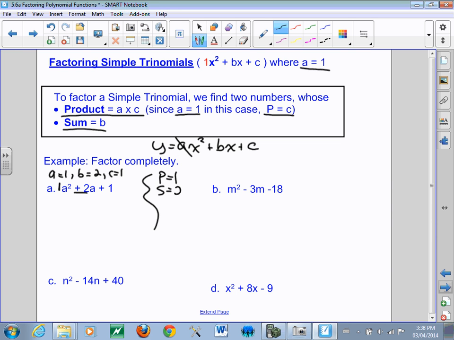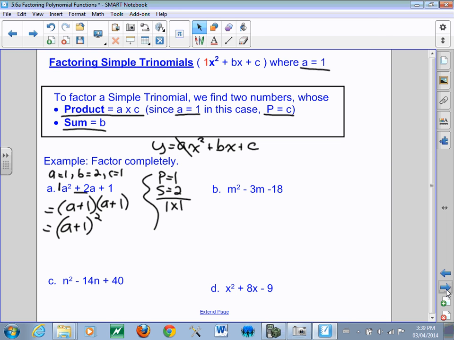Sum equals 2. And then I figure out what two numbers add to 2 and multiply to 1, and it's 1 times 1. So then you would go a plus 1, take the sign of each factor, and because these are the same, you're going to say a plus 1 squared. If you recognize that as a perfect square right away, go ahead. Otherwise, I'll show that to you a little later, or ask me in class and I can show you the short form for that one.